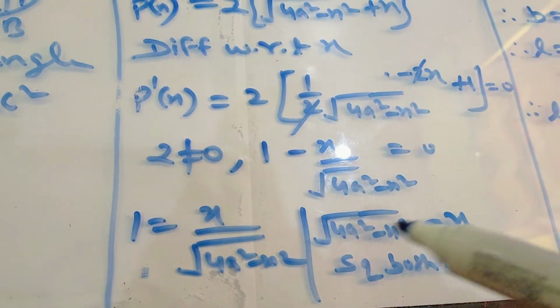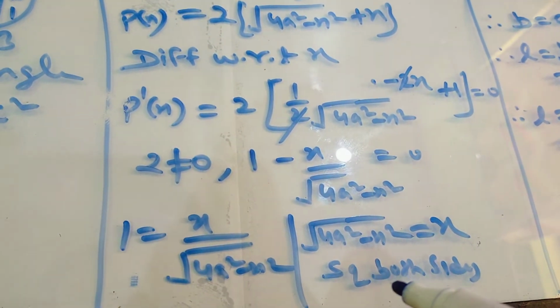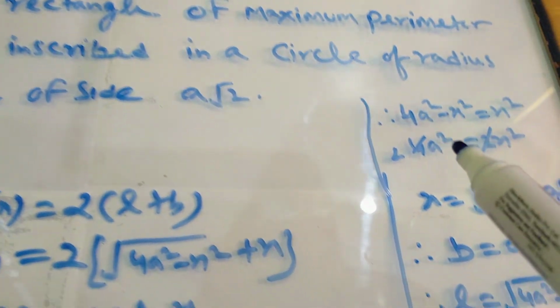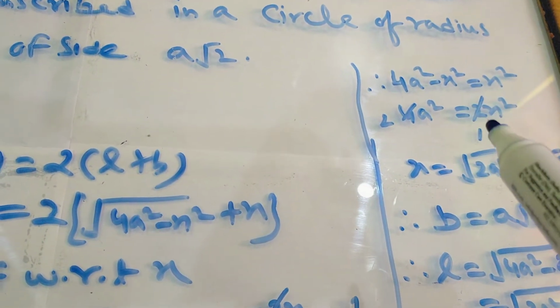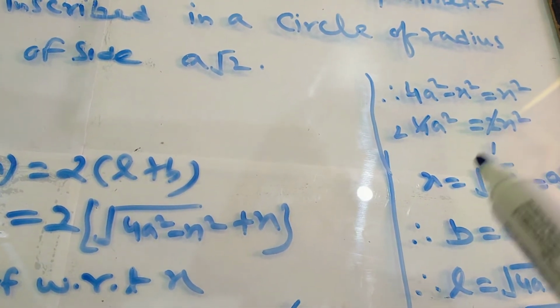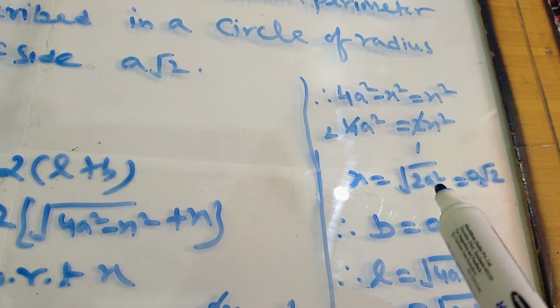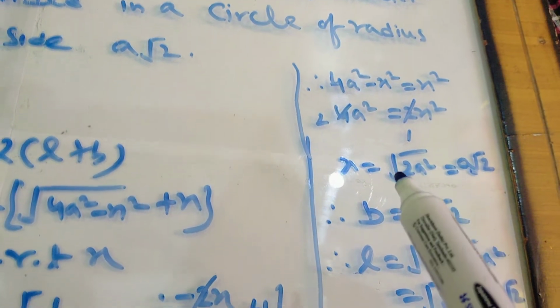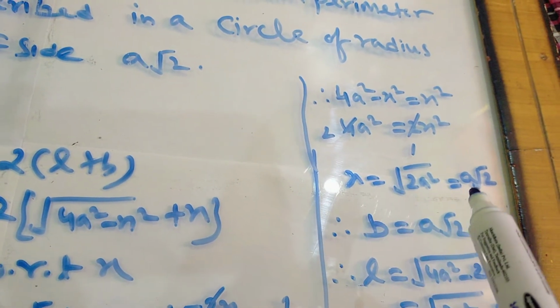By cross multiplication and then squaring both sides, we got 4A square minus x square is equal to x square. It has become 2x square is equal to 4A square. This 4 is cancelled by this 2, so x is the root of 2A square. This a square will come outside the root, so it will be a root 2. So the value of x we have calculated is a root 2.